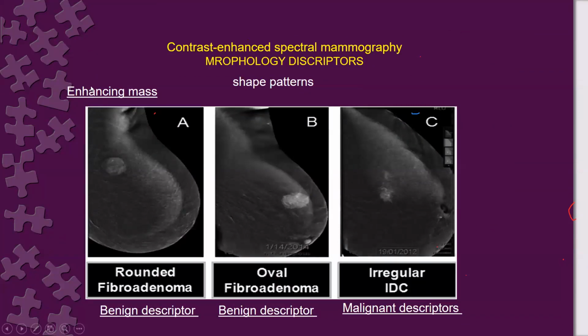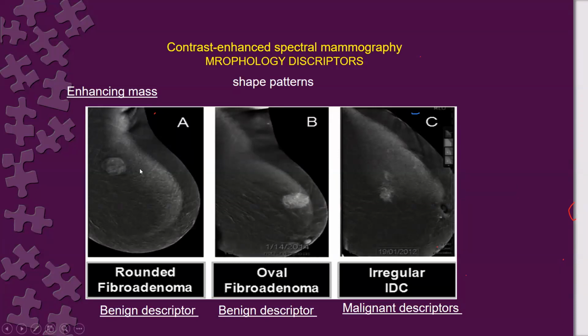Then we'll shift to the enhancing mass. When we talk about morphologic criteria on MRI or contrast enhanced mammography, we are talking about the enhancement: either enhancing focus, enhancing mass, or non-mass like enhancement. Having finished the focus, for the enhancing mass we characterize it further by shape, margins, and enhancement characteristics.